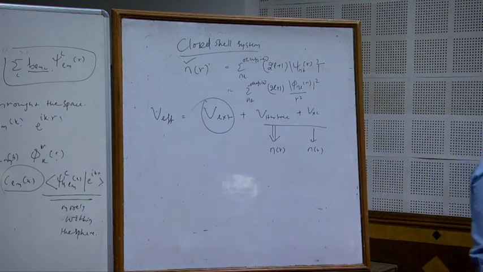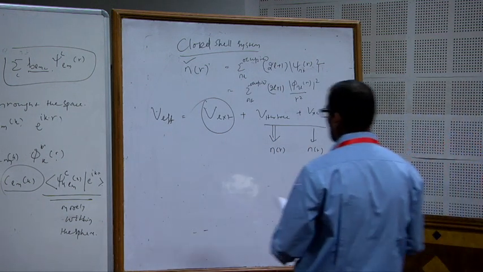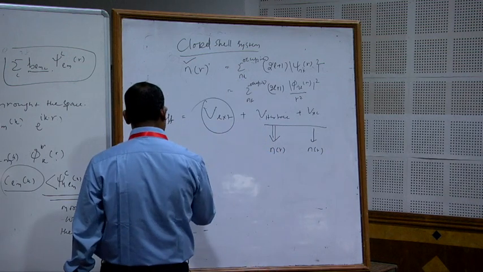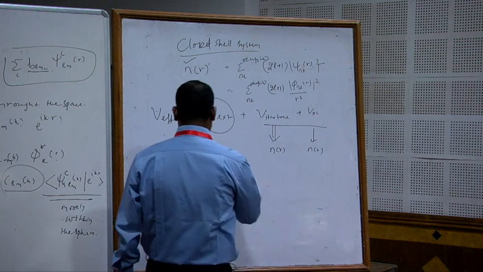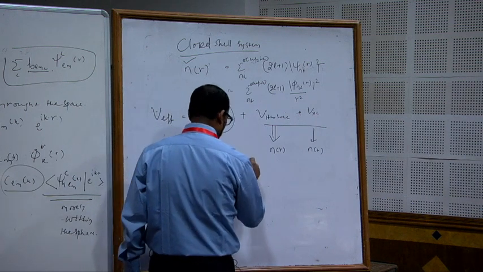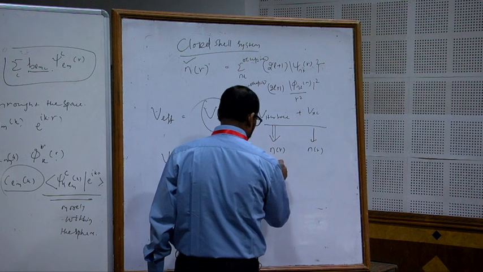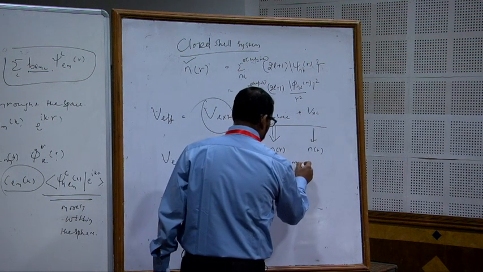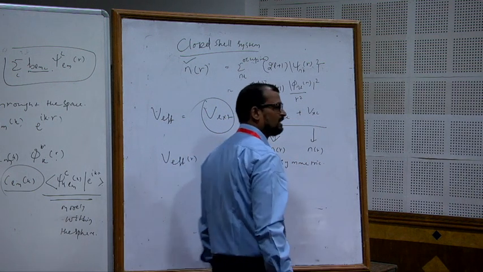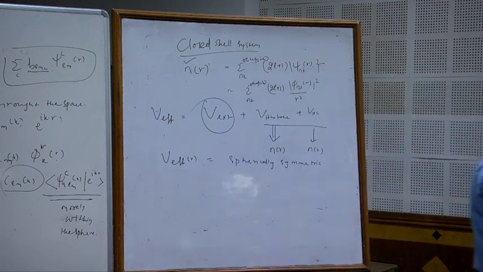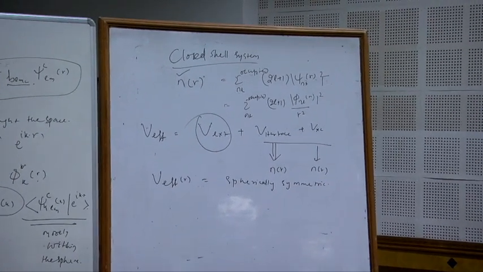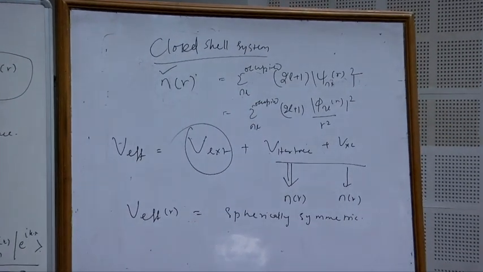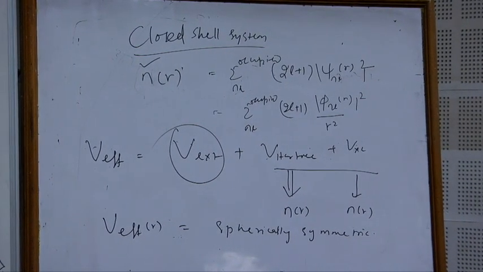It doesn't depend on the angles theta and phi. Therefore, your V_effective(r) is spherically symmetric. Then you can go ahead and solve the radial Schrodinger equation to obtain all the bound states. This is true for all closed shell systems.